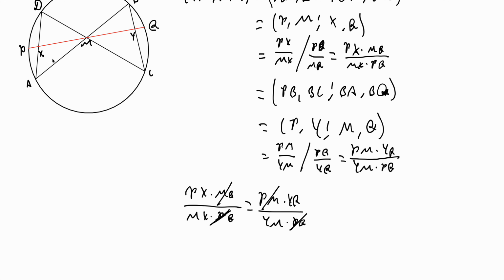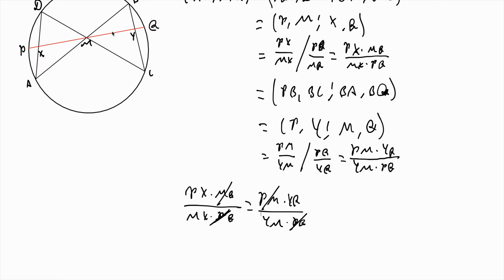So what we have is PX over MX equals QY over YM. So how should we continue from here? And notice that we could actually do the same thing here.